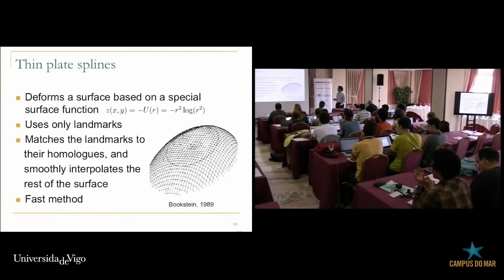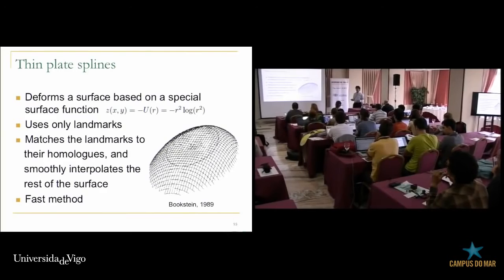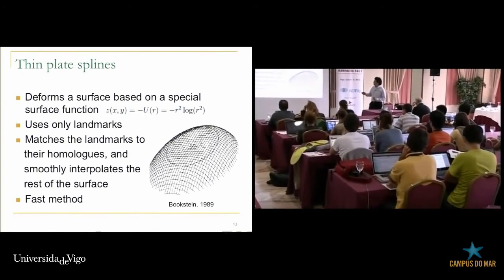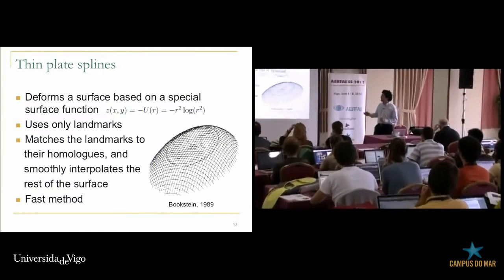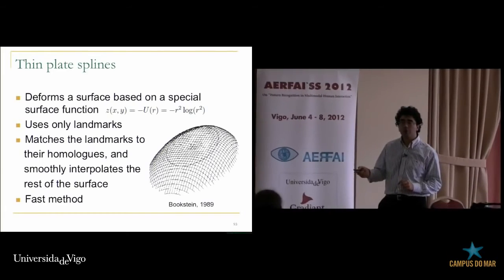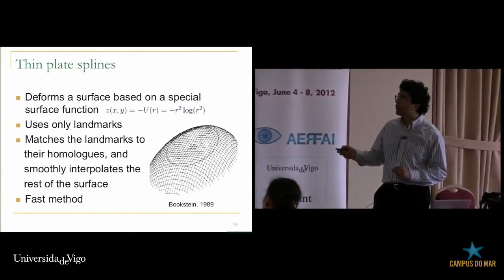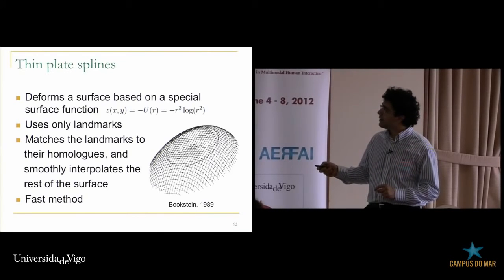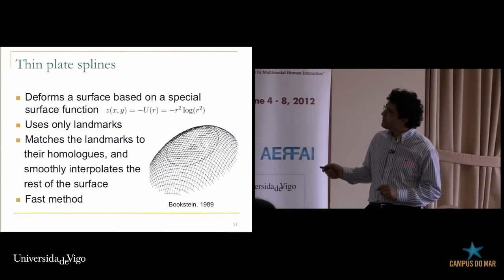Now the thin plate spline, as opposed to ICP, deforms the surface. And the way it is defined is it uses this special surface function, which is depicted here. R here is the distance to the origin. So I give you an xy coordinate, but you take the distance to the origin, which is here. Okay.